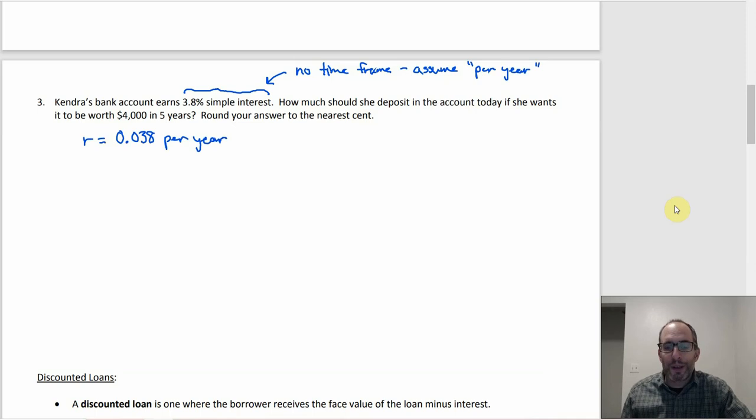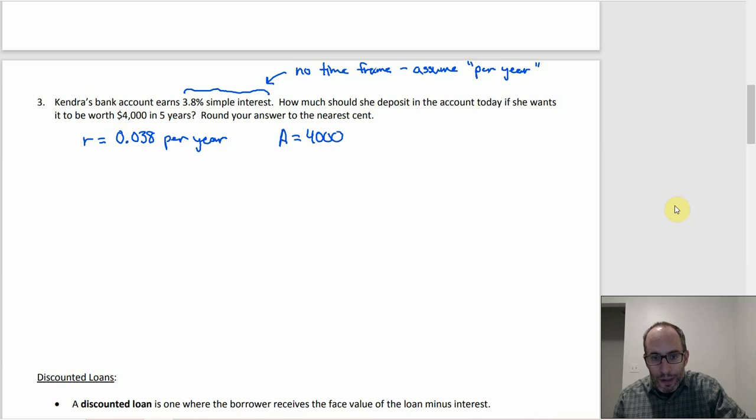And I'm going to write that out again just to make sure the time matches up. And she wants it to be worth 4,000 in 5 years. The 4,000 is not P. The 4,000 is A. It's the amount accrued, right? It's the principal invested now plus the interest that accumulates over the subsequent 5 years. So A is 4,000.